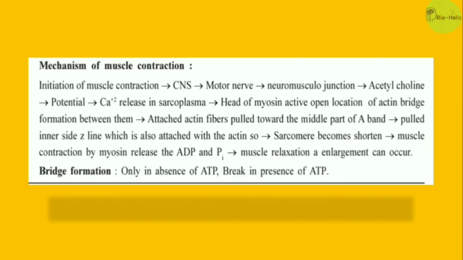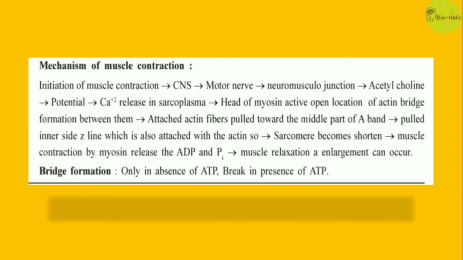Then the attached actin fibers are pulled towards the middle part of the A band, then pulled to the inner side toward the Z line, which is also attached to the actin, and the sarcomere becomes shortened. After muscle contraction, the muscle releases ADP and Pi, and then muscle relaxation occurs.